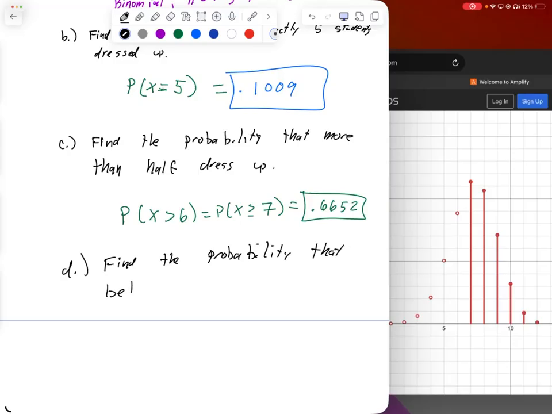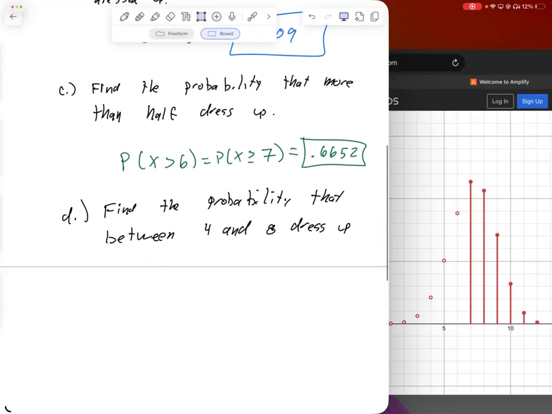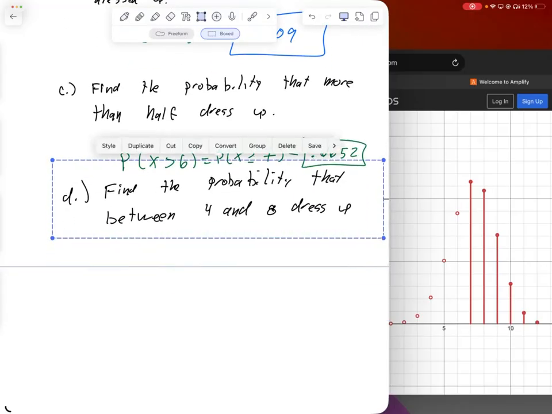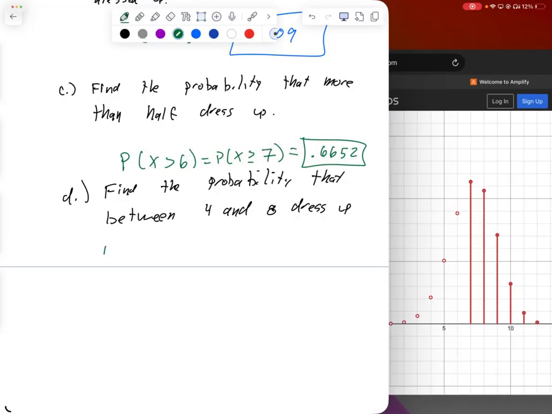The probability that between 4 and 8 dress up. So this is the probability of what? 4 less than or equal to X and then less than or equal to 8.